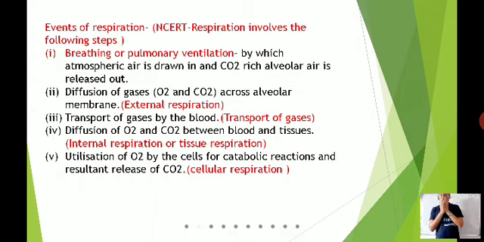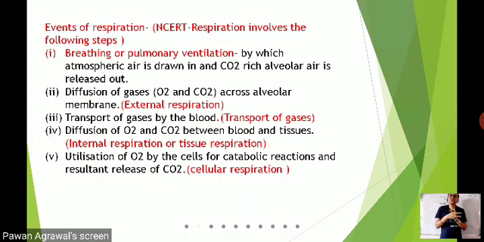From the alveoli, the oxygen is coming into the capillaries and CO2 is going out from the capillaries into the alveoli. That is the external respiration. Now the oxygen reaches the capillary, so now the oxygen is transported from the capillaries to the tissues, and CO2 is coming back here. So just see, the third one is the transportation of gases by blood.